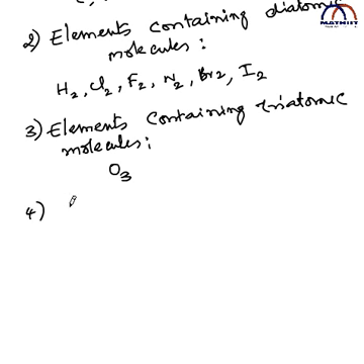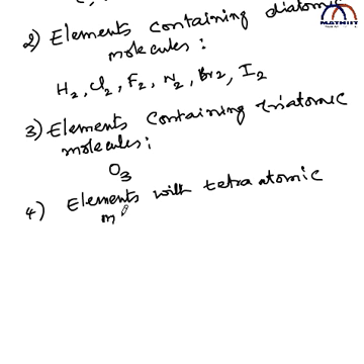Now the fourth one, elements with tetraatomic molecules, right? These are the elements which contain tetraatomic molecules, that is P4, As4, arsenic, and antimony.